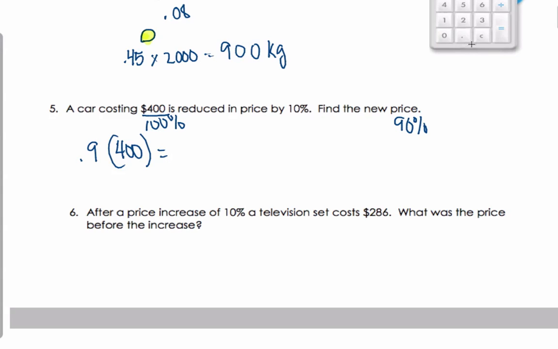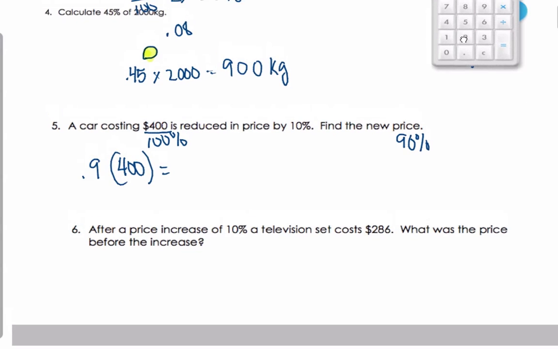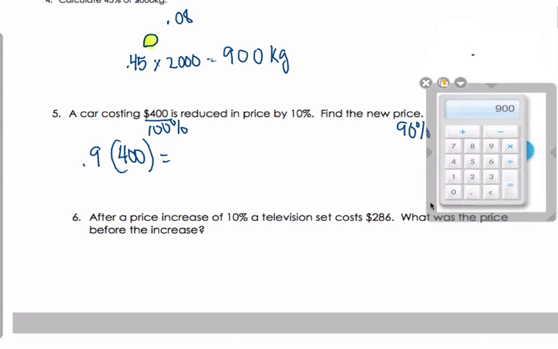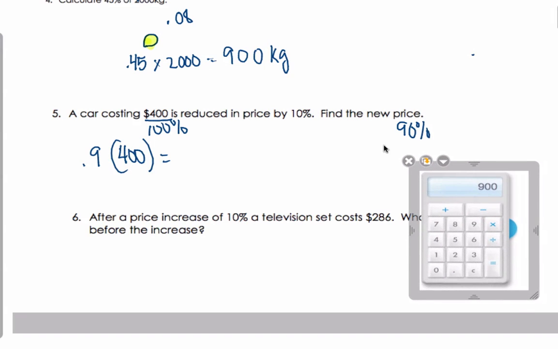And when I do that, I can just pull the calculator down. And if I do, clear that, 0.9 times 400, you get 360.